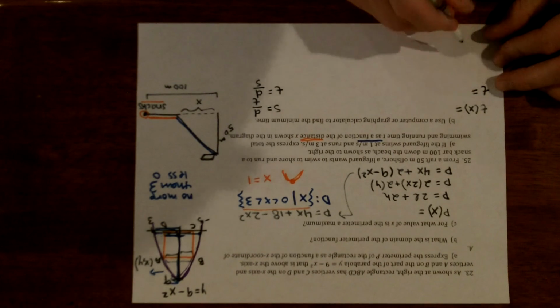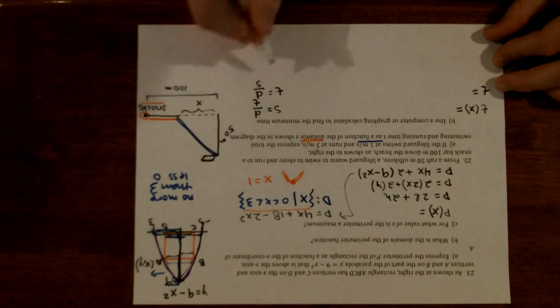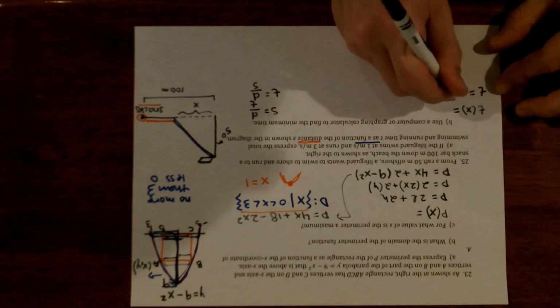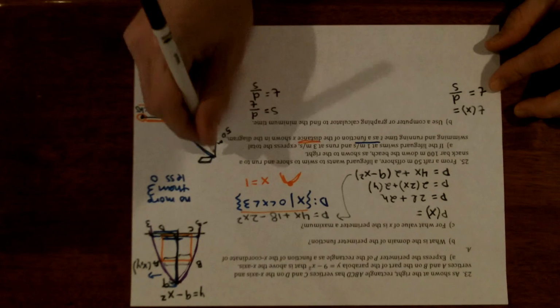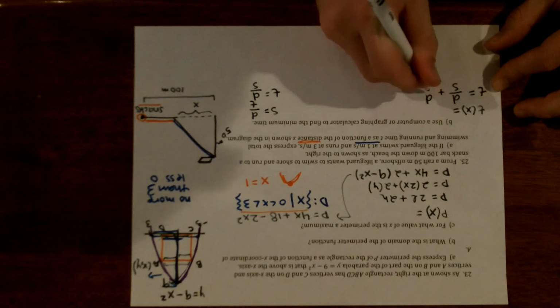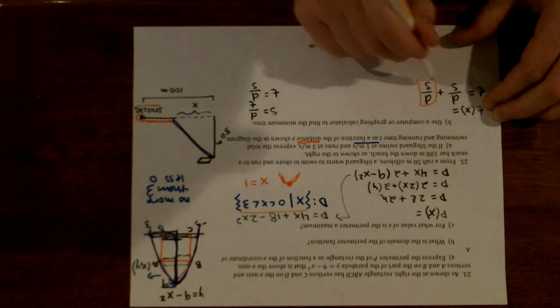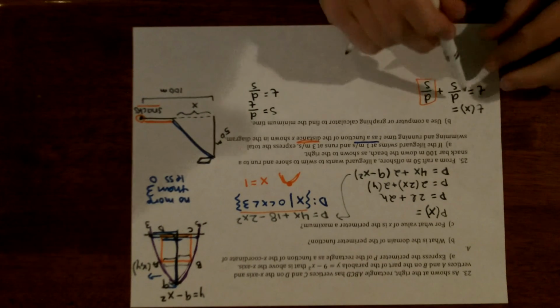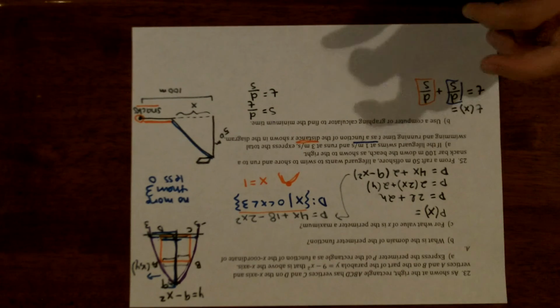So t really equals a combination of the distance over speed. One distance over speed is for how long it takes us to get to the shore, and the other one is for how long it takes us to get from wherever we landed on the shore to the snack bar. So instead of making them new variables, I'm just going to write them in different colors. The blue one is the swimming time, the orange is the running time.